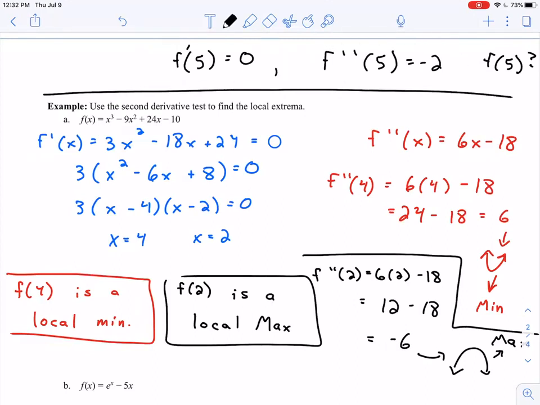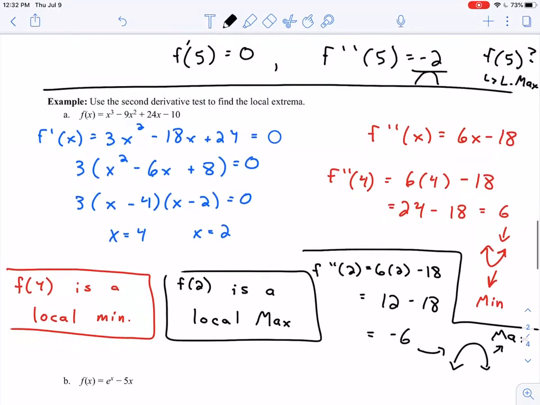Second derivative is negative, so we have a concave down graph. In that case, we know that f of 5 is a local maximum. So just be sure that you practice the second derivative test and you understand what it's telling you, because I promise I will ask at least a couple questions about the second derivative test.